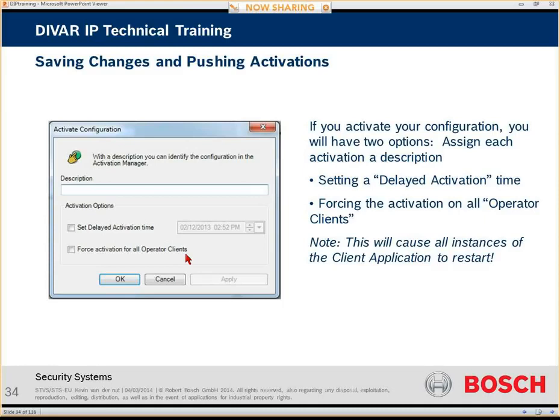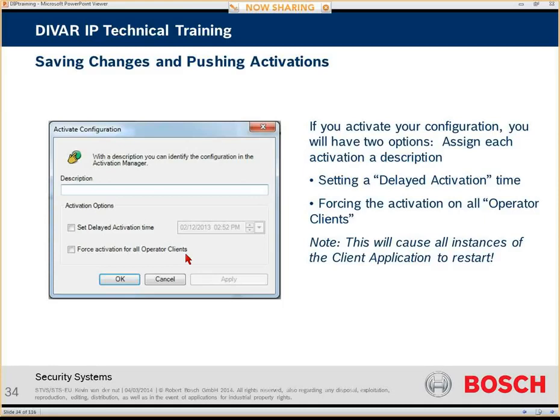Then finally, we have a force activation for all operator clients. The idea behind this is that normally if I do not mark this checkbox and I activate my configuration, any operator currently connected to the system will receive a notification pop-up asking if he wants to activate the configuration or not.